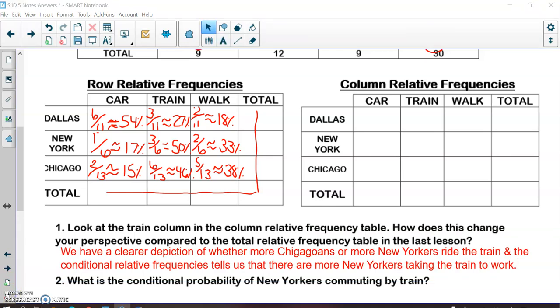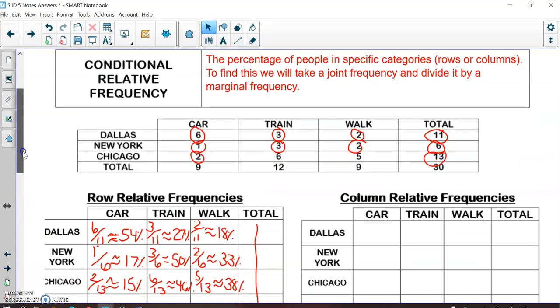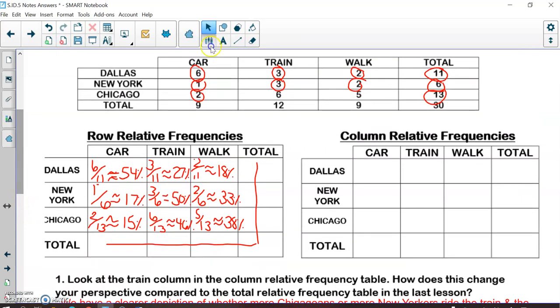All right, so now we're going to do the column relative frequencies. Out of all the people that took cars to work, 6 out of 9 people were from Dallas. So if I do 6 divided by 9, that comes out to be about 67% were from Dallas that took the car to work.